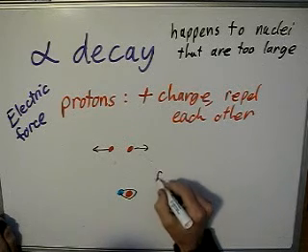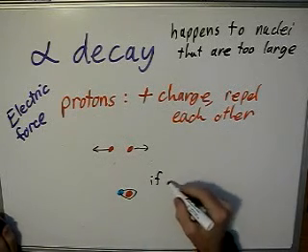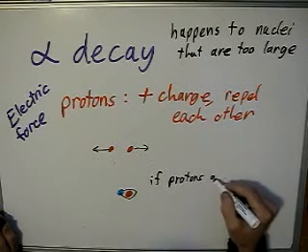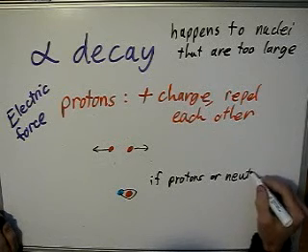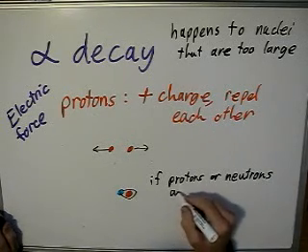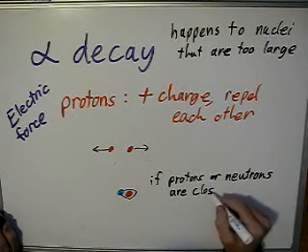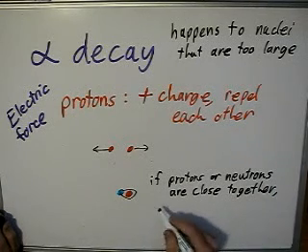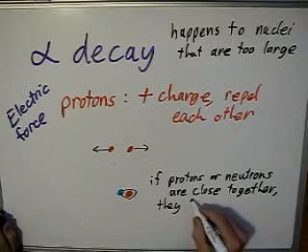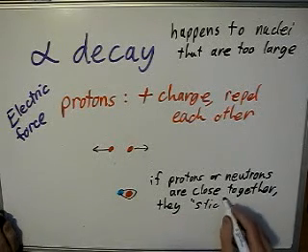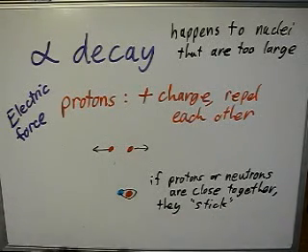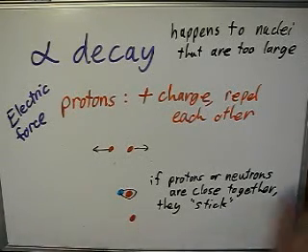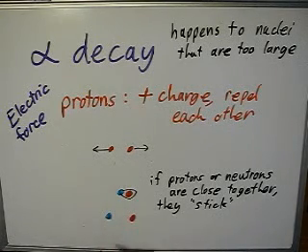So if protons or neutrons are close together, they stick. You can think of them as being a little bit sticky. If they're far enough apart, they won't stick anymore, and they really don't have much of any interaction at all.